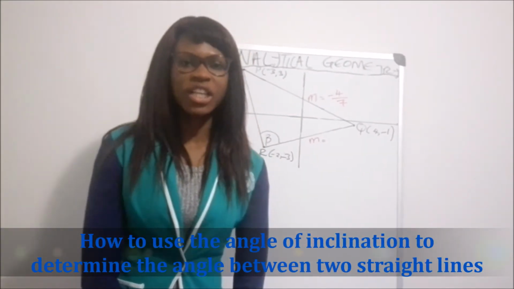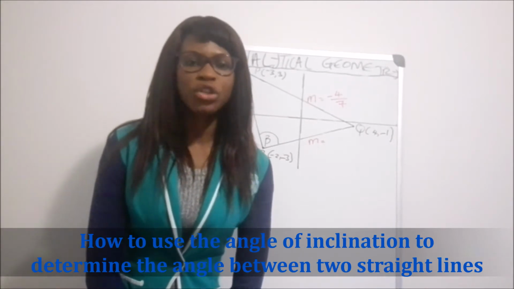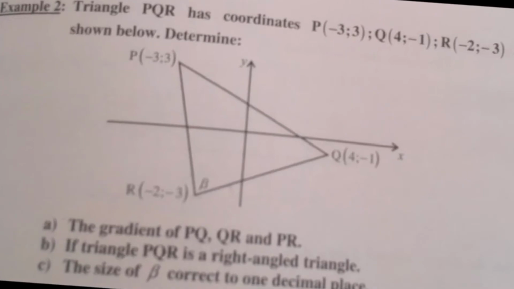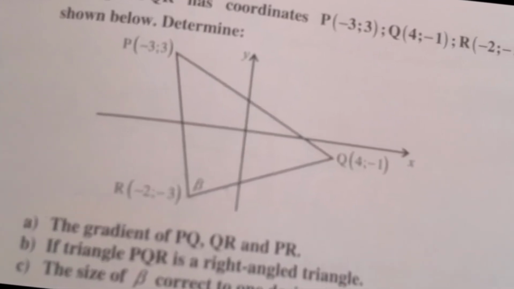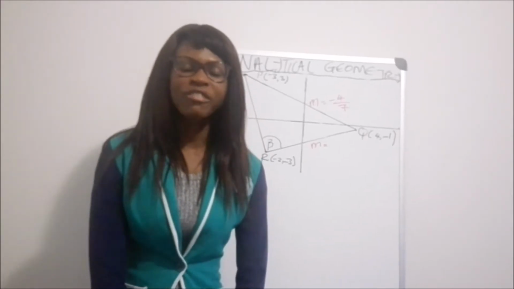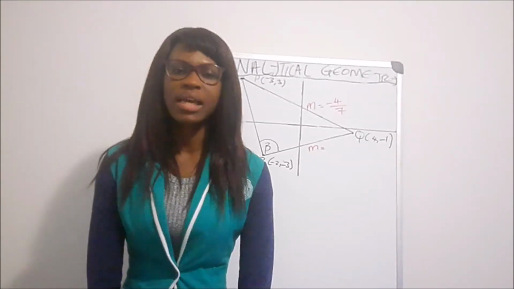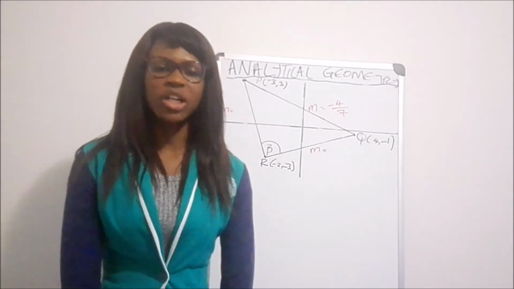In this lesson we will be using the angle of inclination to find the angle between two straight lines. To find an angle of inclination, we use the equation tan theta equals the gradient, where theta is our angle of inclination.